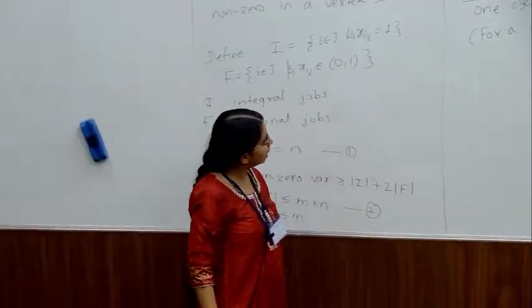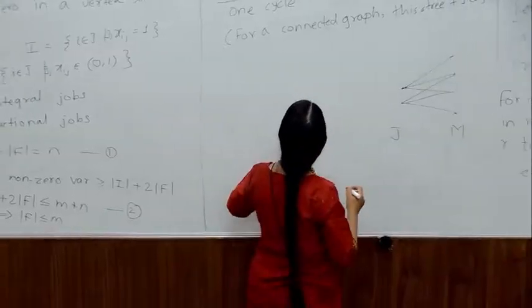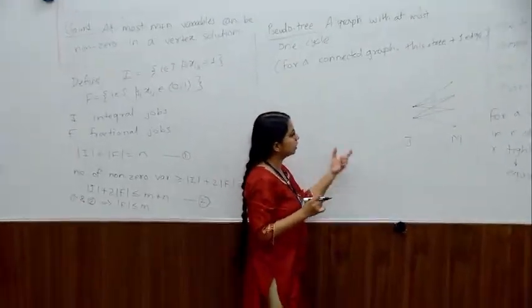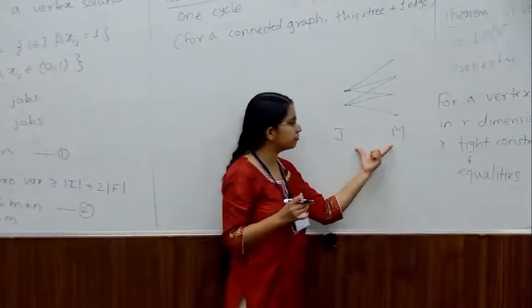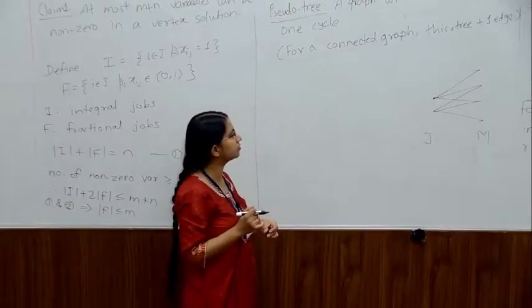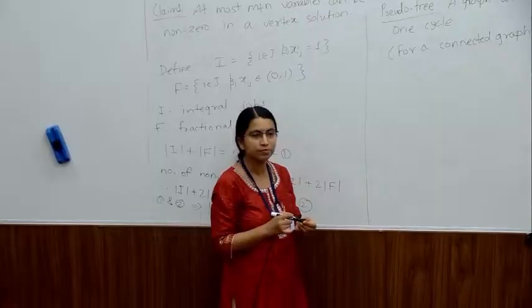What is the advantage of having a pseudo tree? Let's see why it will be helpful for us to show that this graph is a pseudo tree. Can we extract a matching if this property is satisfied? How?